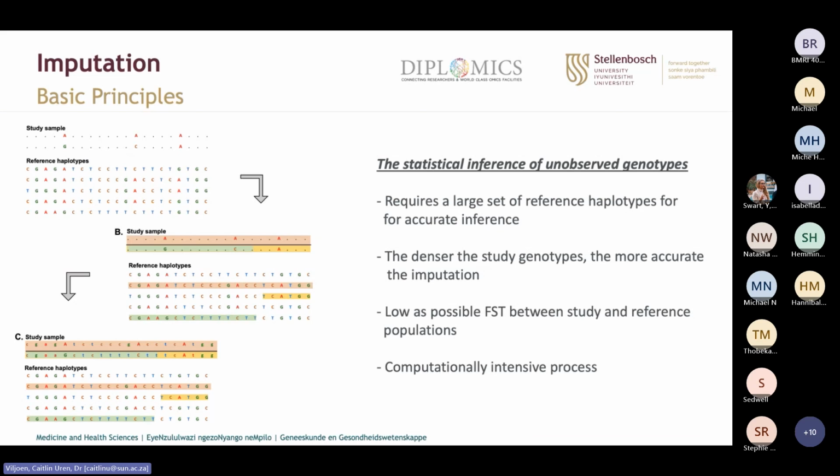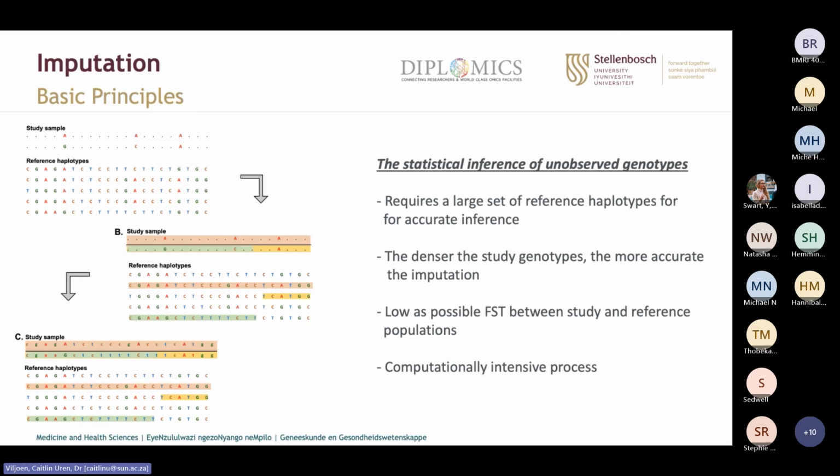Okay, so I thought to introduce the basic concept of imputation. The term imputation can be applied to various fields. Very simply put, it is the filling of missing information. In genomic imputation, it is filling in of unobserved genotypes.